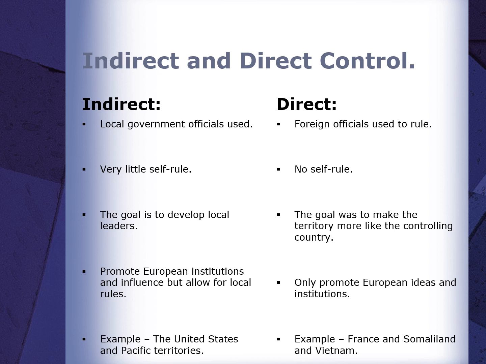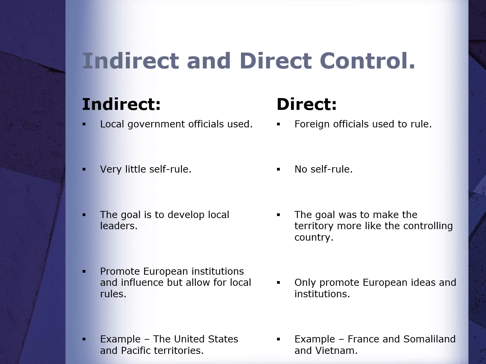Okay, so for direct control, only foreign officials are used to rule. So the local people, the local governments have no say really. Foreign officials are used to rule. There's no self-rule, so like we said, for indirect control, locals could make their own kind of laws and ways of living, but during this type of control, they don't have any self-rule. So the goal was ultimately to make the territory more like the controlling country.